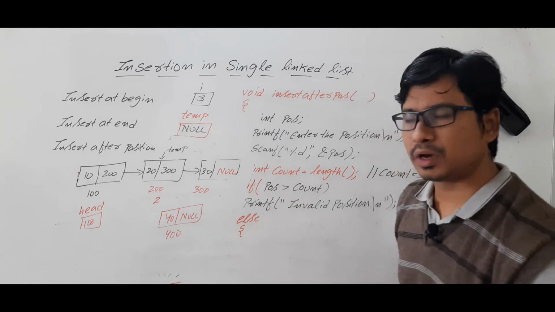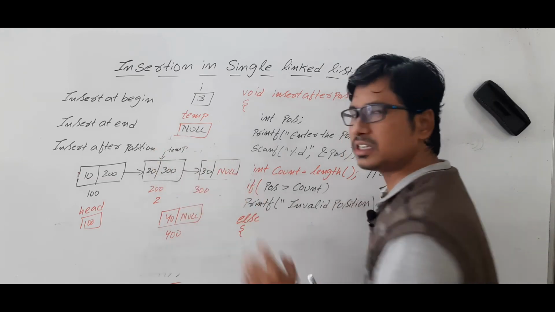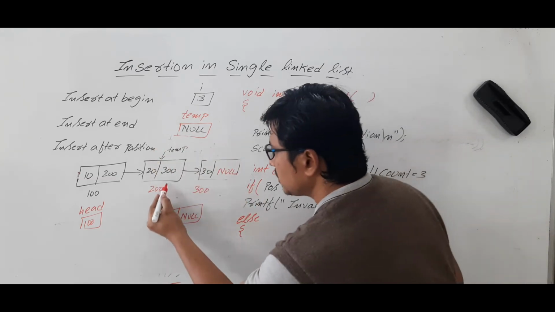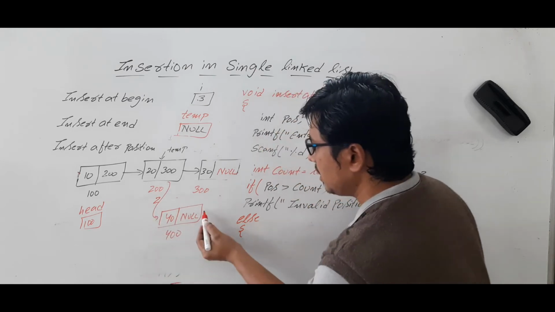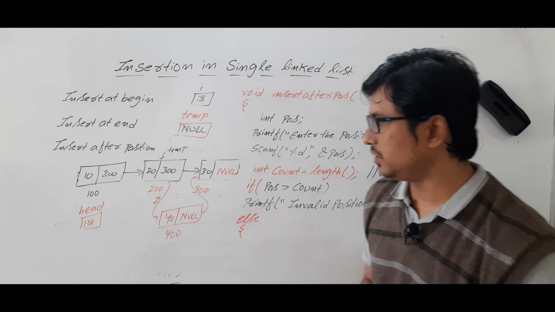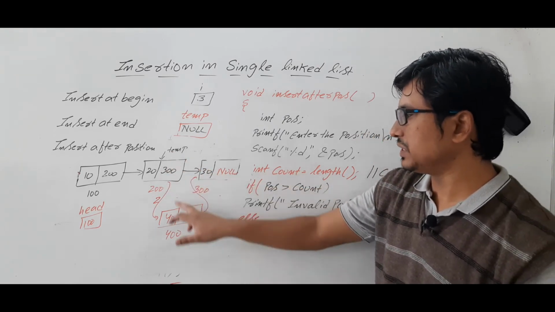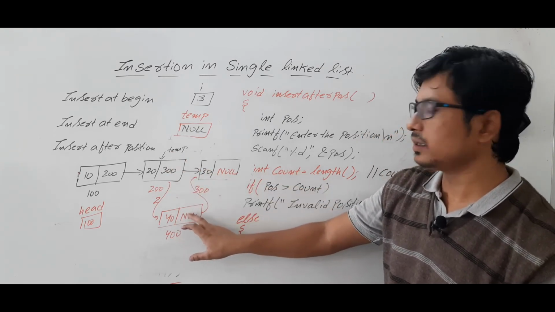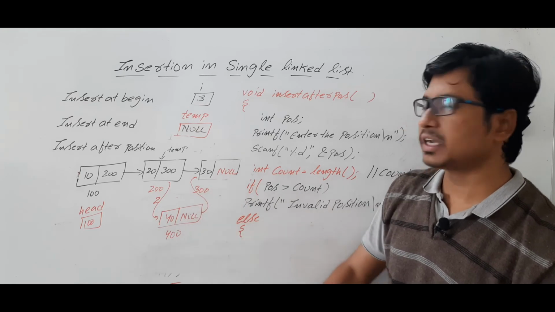That is the thing you have to do. What are the two things you have to do? One is that you are traversing up to here. Then you need to create a link from here and also link to here also. So first, which one you have to do? First one, this node's address should come here, because why?